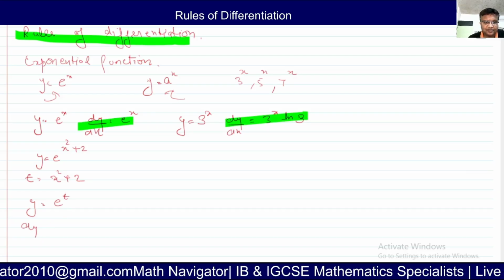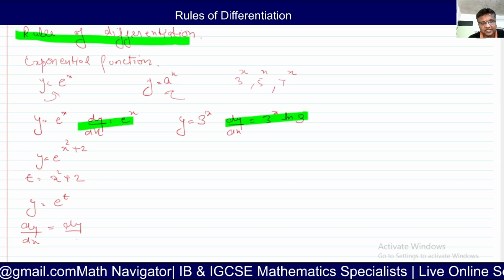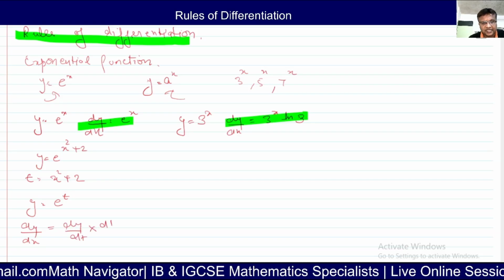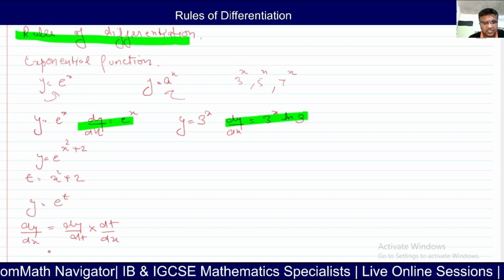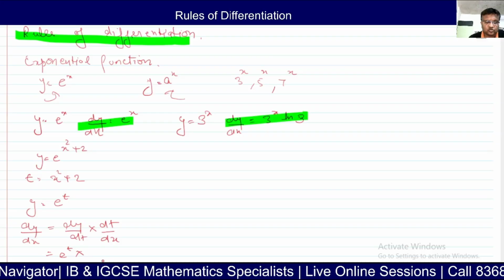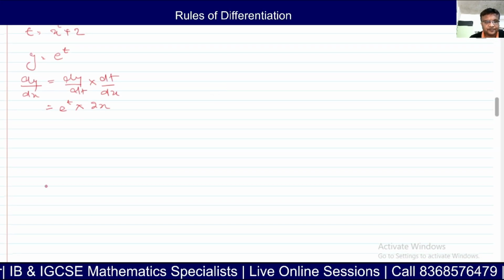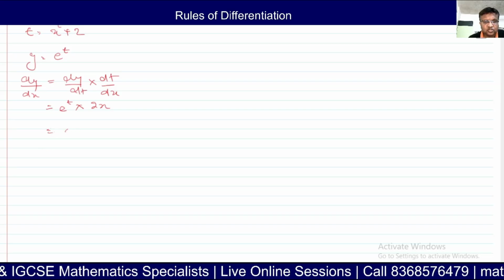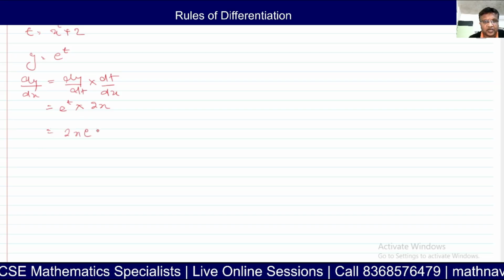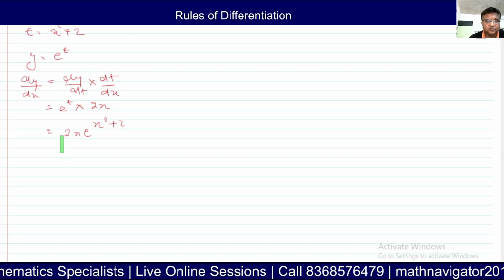So dy by dx is equal to dy by dt times dt by dx, which will give me e raised to the power t as it is, times the differentiation of x squared plus 2, which is 2x. My answer is 2x e raised to the power of x squared plus 2. I hope this is clear to you.